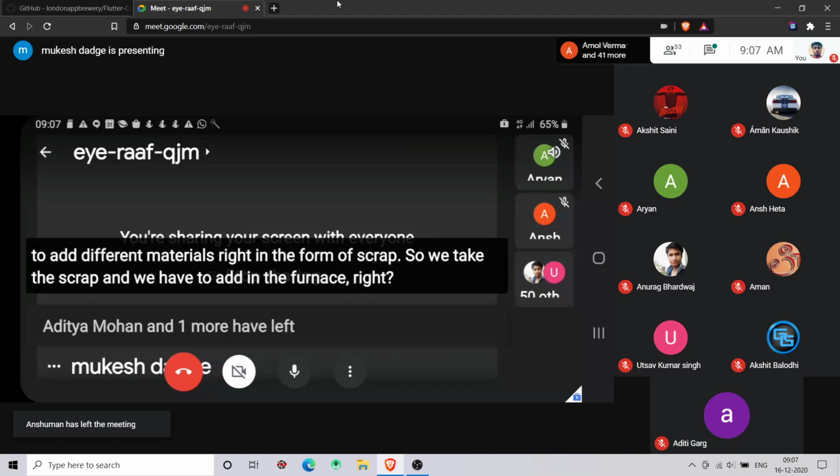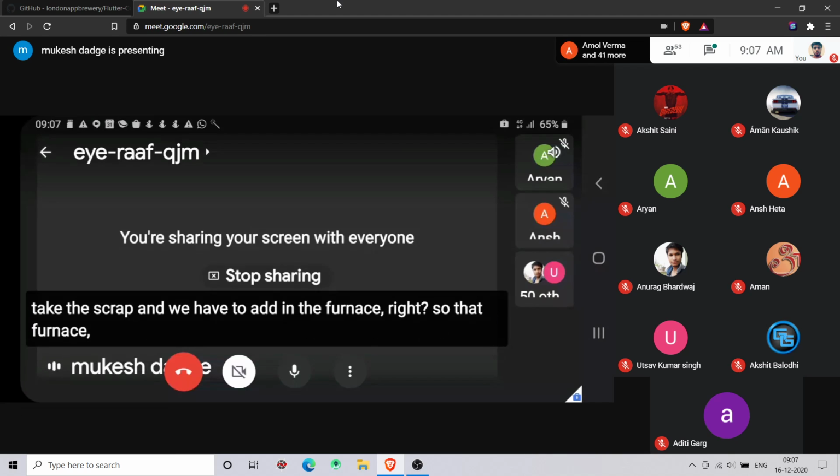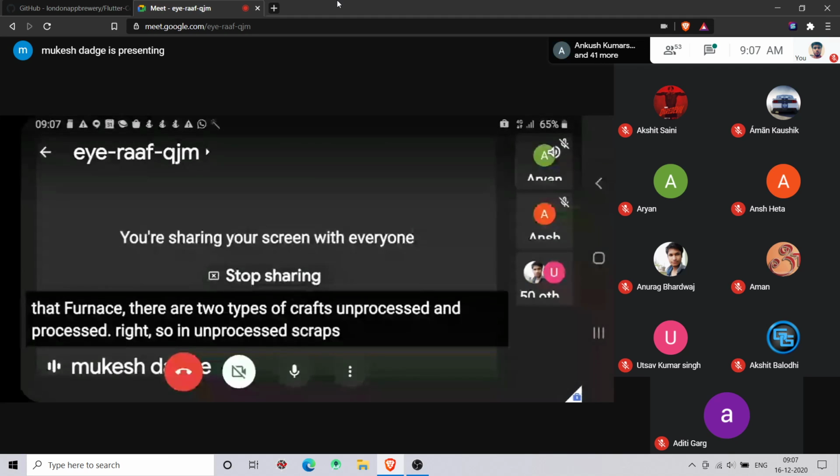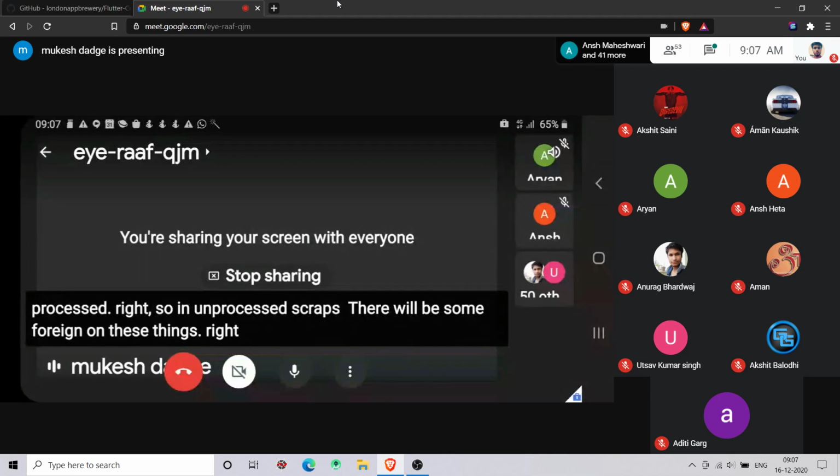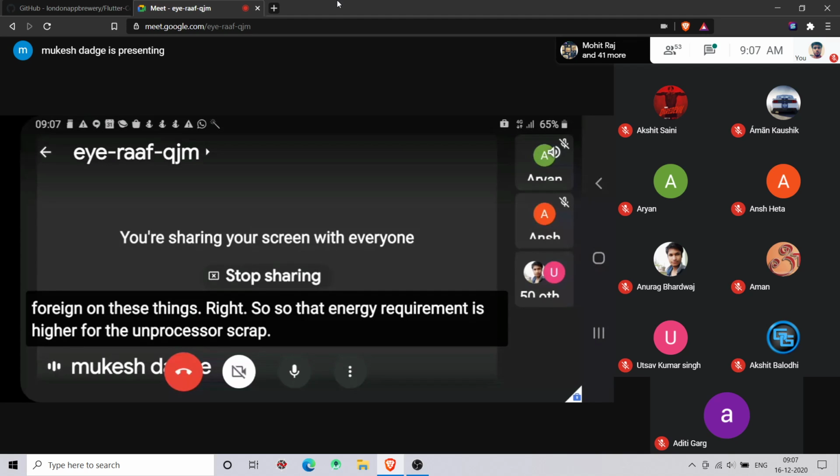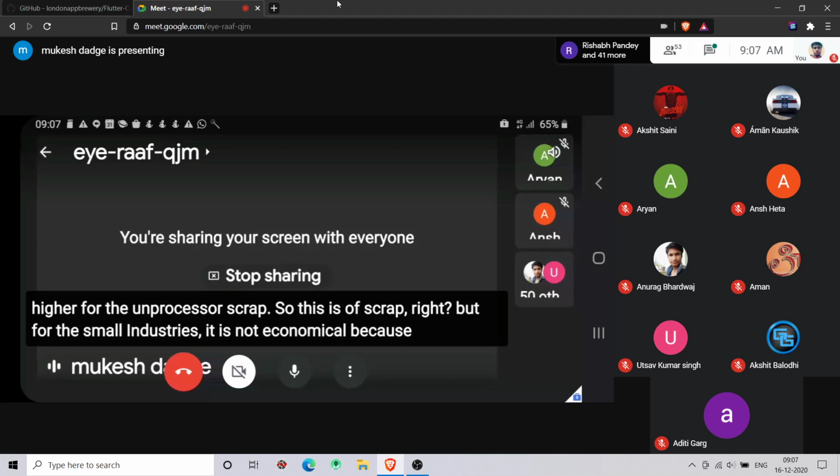There are two types of scrap: unprocessed and processed. In unprocessed scrap there may be some foreign material, so the energy requirement is higher for unprocessed scrap. So you have to use processed scrap. But for small industries it is not economical due to the heavy capital cost.